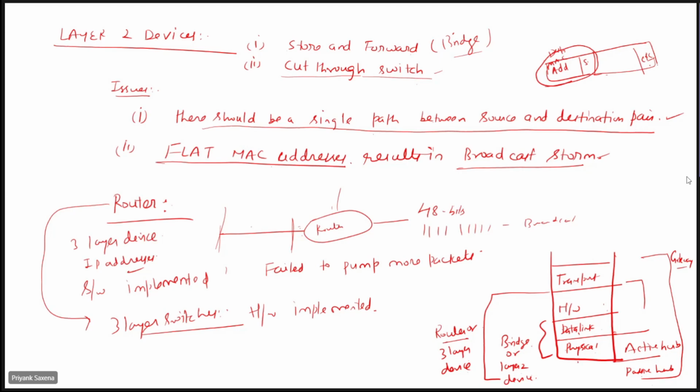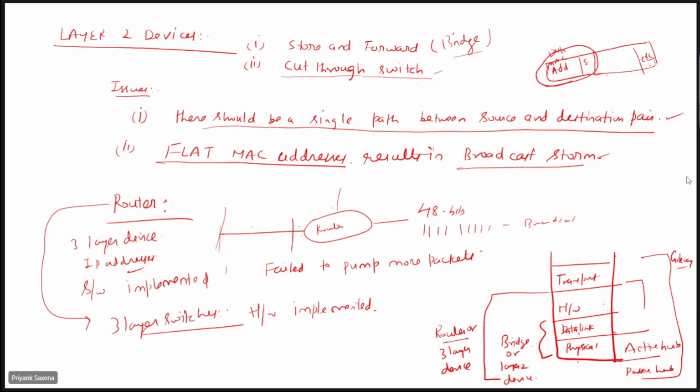So if one path fails, then the traffic will be blocked. So failure of a switch will block everything.